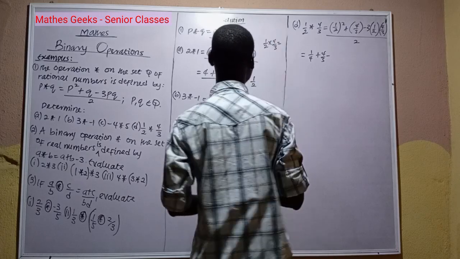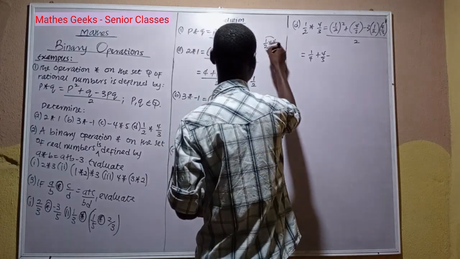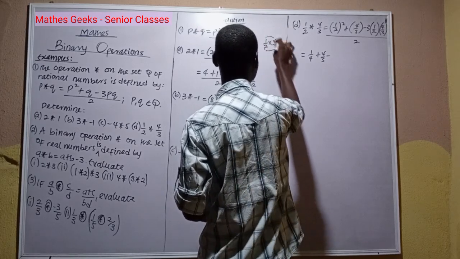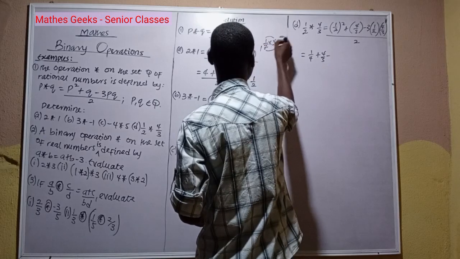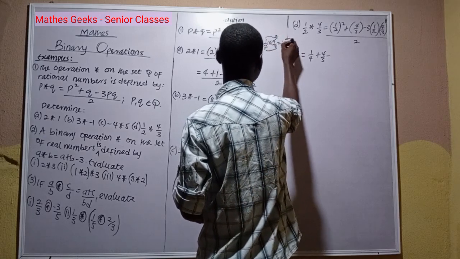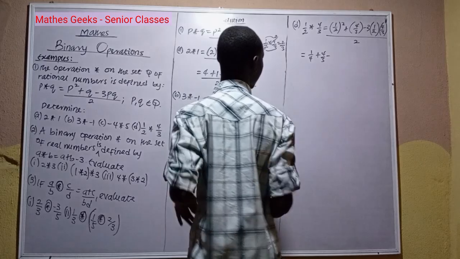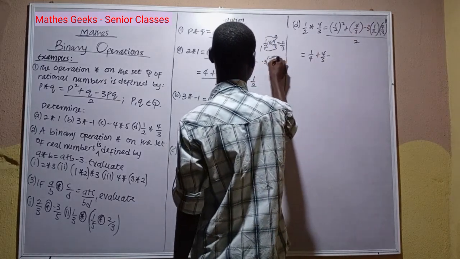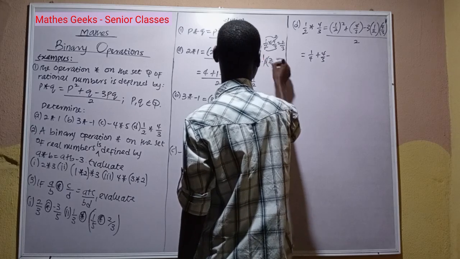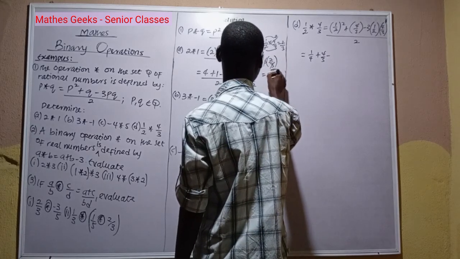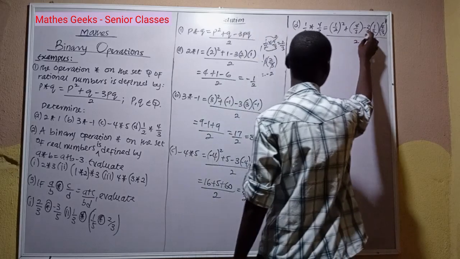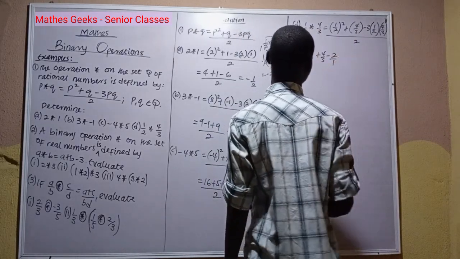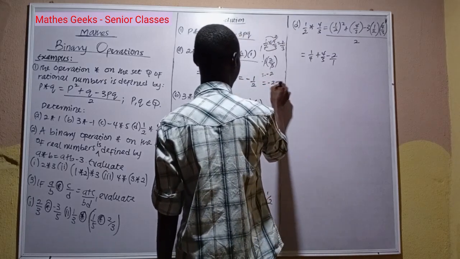In multiplication of fractions, numerator multiplies numerator and denominator multiplies denominator, but before you do that, if anything can be reduced, you reduce it. So the 2 cancels the 2, and you are left with minus 2. You can write minus 2 as minus 2 over 1.